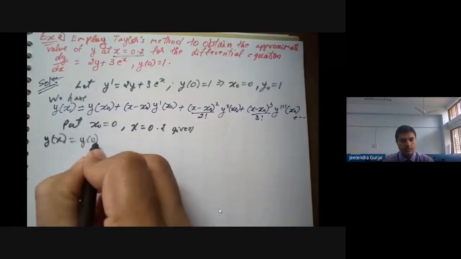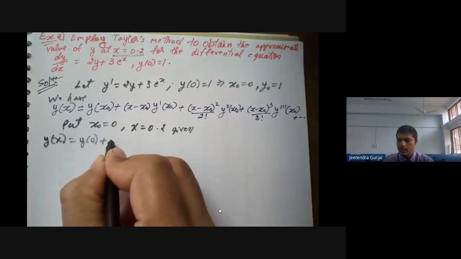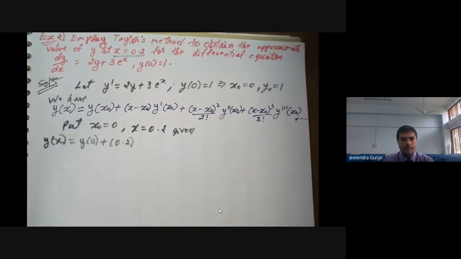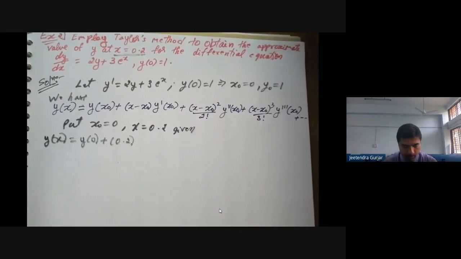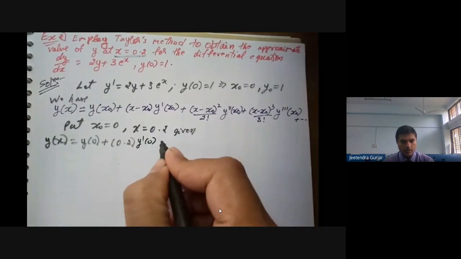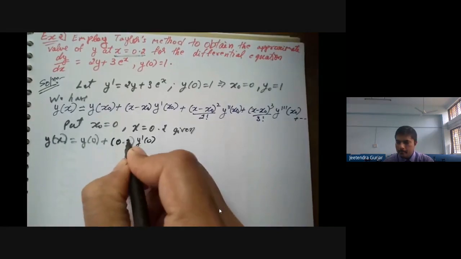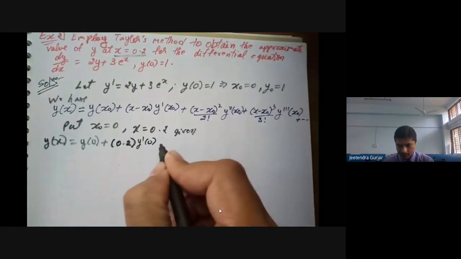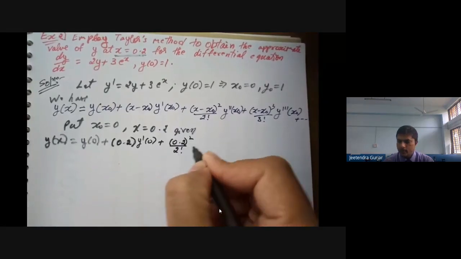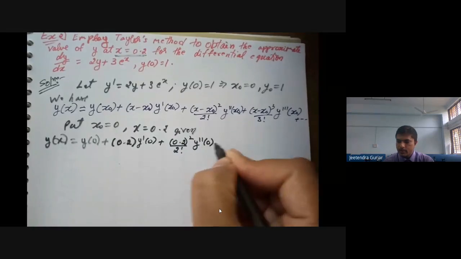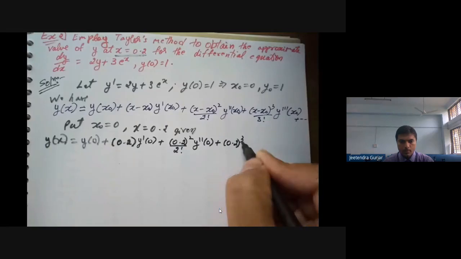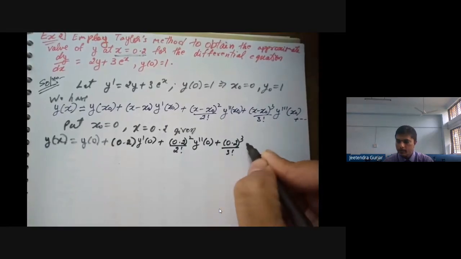Now here you are going to start your example. So y of x is equal to y of 0 plus, you can see x minus x naught. x naught is 0, so x is 0.2. So 0.2 y dash of 0, plus 0.2 square upon 2 factorial y double dash of 0, plus 0.2 cube upon 3 factorial y triple dash of 0.